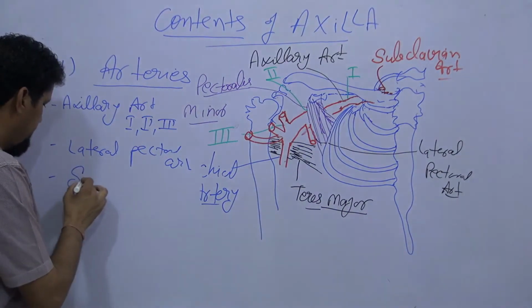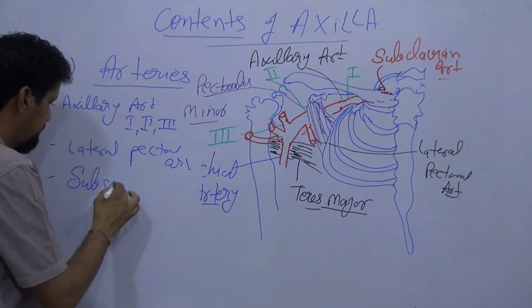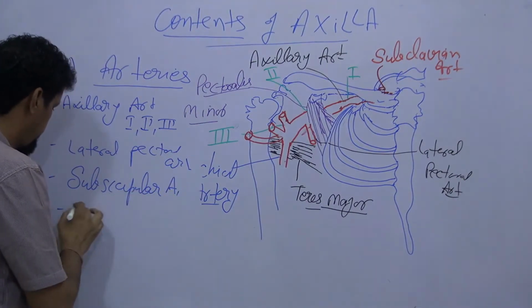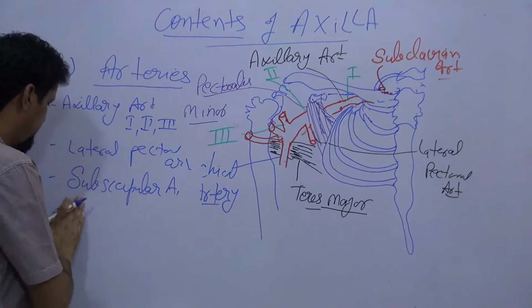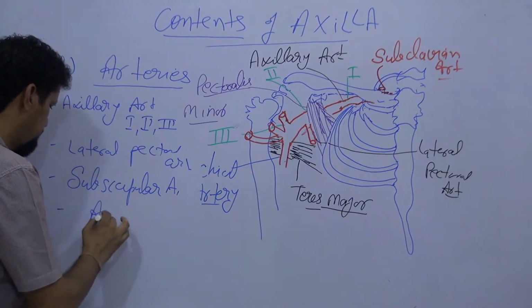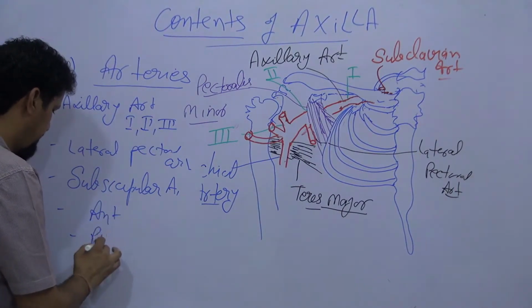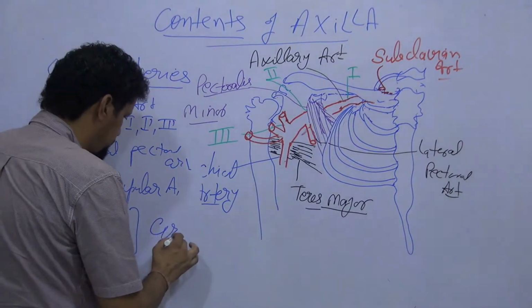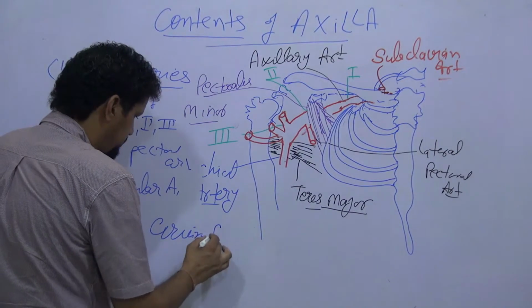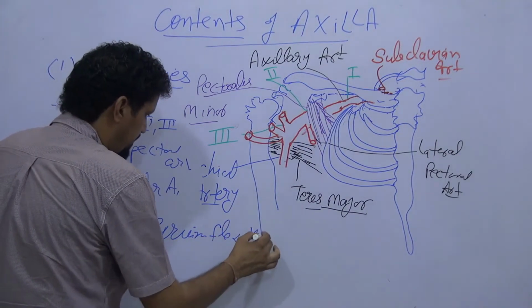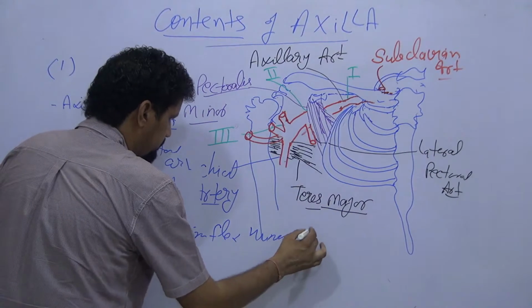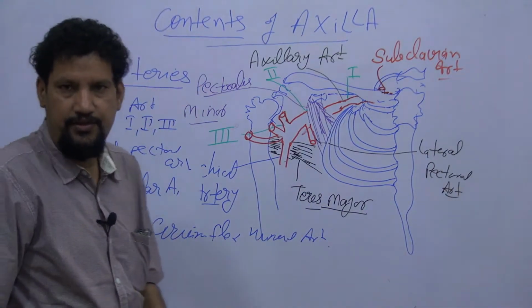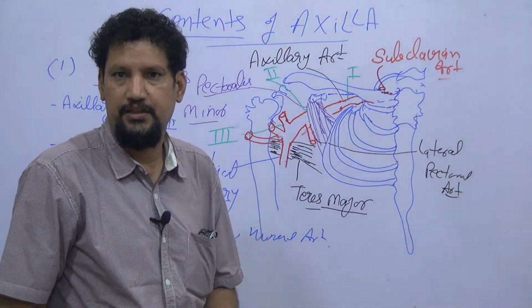The subscapular artery, the anterior and the posterior circumflex humeral arteries. So these are the arteries which can be seen during dissection in the axilla.